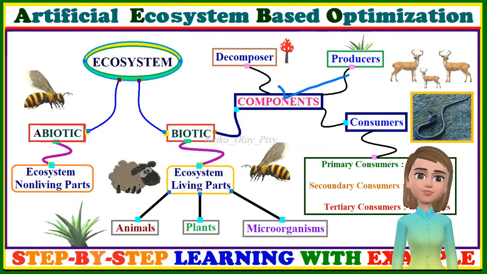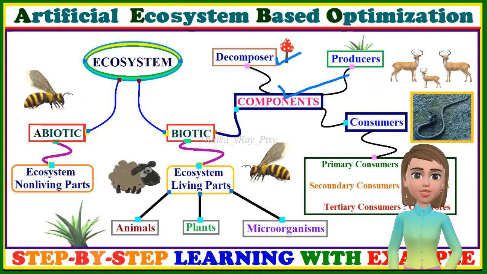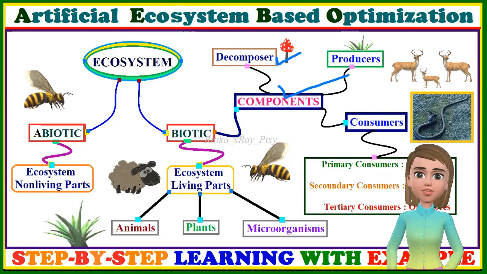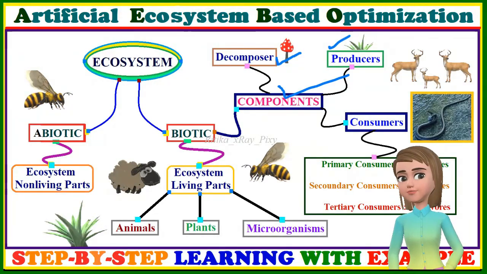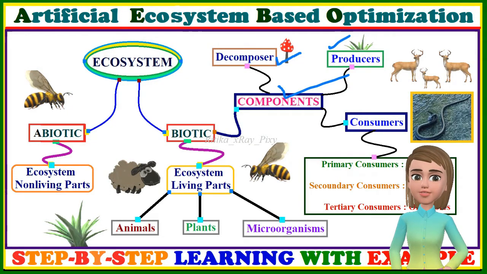The artificial ecosystem based optimization algorithm mimics the different behaviors of producers, consumers, and decomposers. So in the upcoming slides, we will try to understand in detail about producers, consumers, and decomposers.